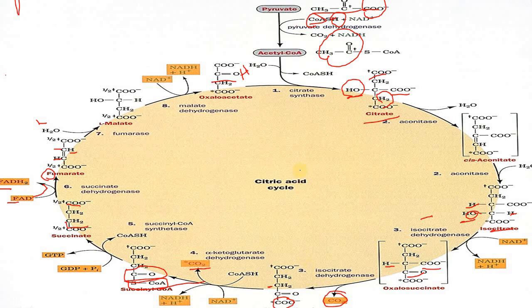This acetyl CoA also has two carbons, it's a two-carbon compound. Whatever carbon is removed in this step is actually from the acetyl CoA of the previous cycle. The new carbon from the acetyl CoA which has freshly entered the pathway will be removed in the next round of the TCA cycle.